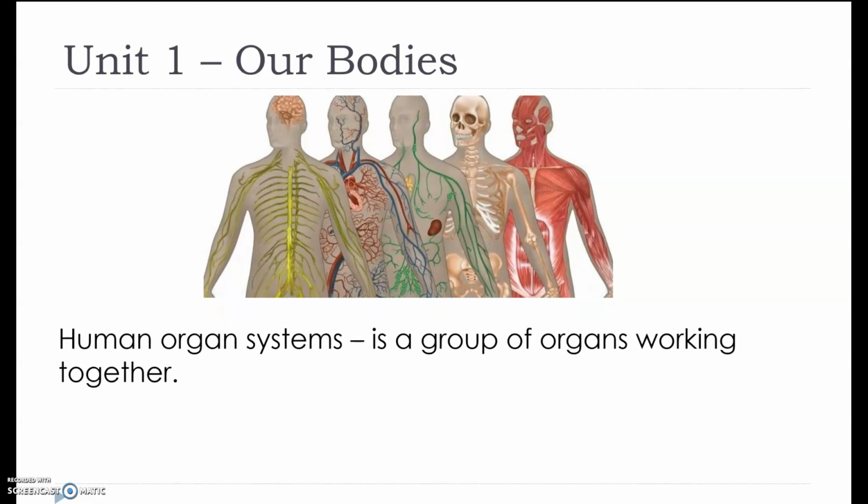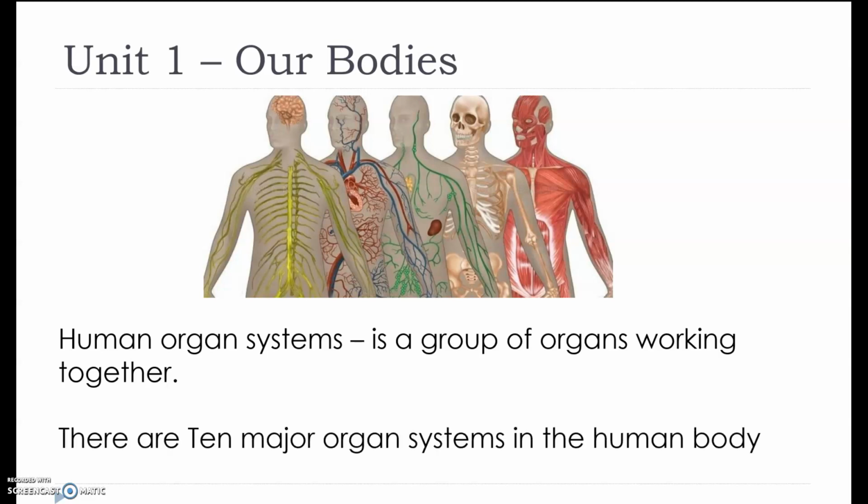Then we'll go to human organ systems. Can you repeat after me? Human organ system is a group of organs working together. Very good. There are 10 major organ systems in the human body. So these 10 major organ systems are very important because they help each other to work together or to function well.